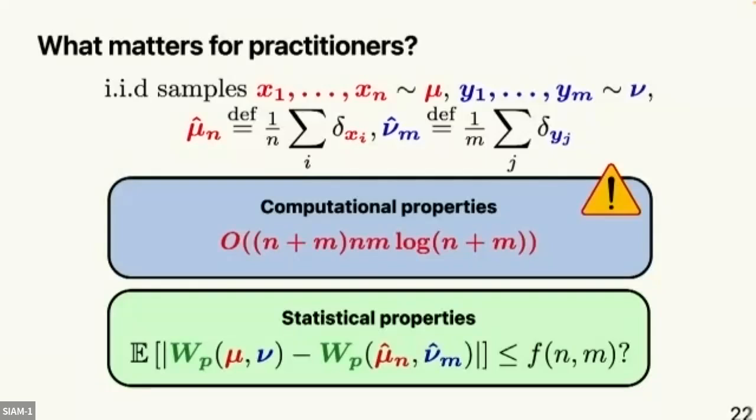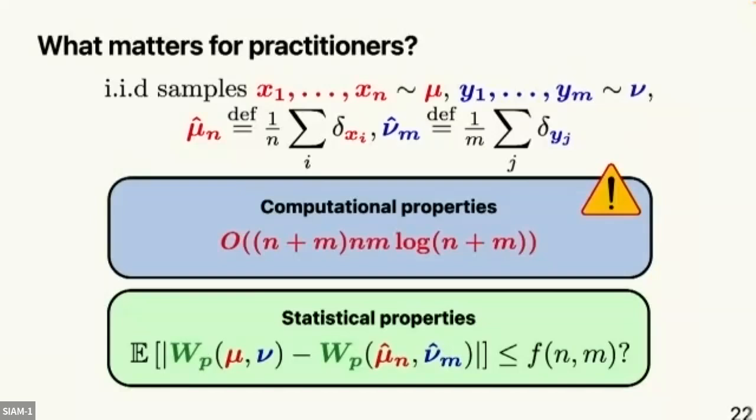In other words, am I overfitting when I'm doing this computation? This is what people call the statistical complexity of those Wasserstein distances. So the question would be, if I were able to compute the Wasserstein distance between the two densities, this W mu nu, and I'm given samples to approximate it, how can I expect this quantity that I'm computing on samples to approximate the true Wasserstein distance with respect to the underlying density?